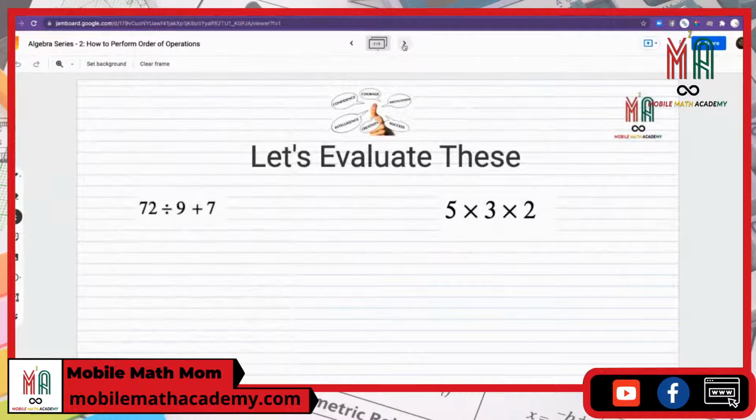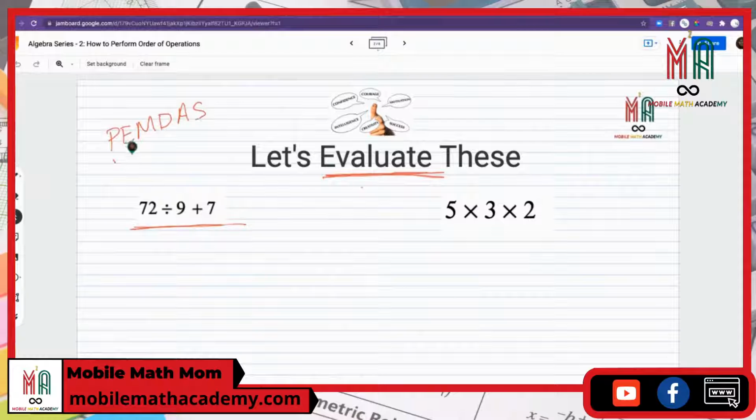Remember we talked in the previous video about the term evaluate. Evaluate means it's not an equation, but an expression that we can come up with an answer for. Here, we want to exercise PEMDAS. What you may have learned in school was, please excuse my dear Aunt Sally.